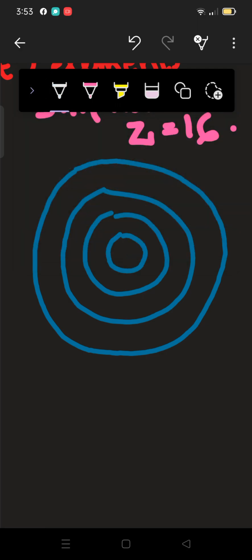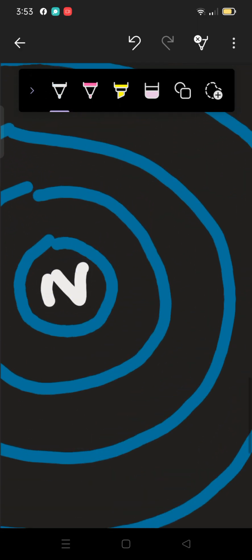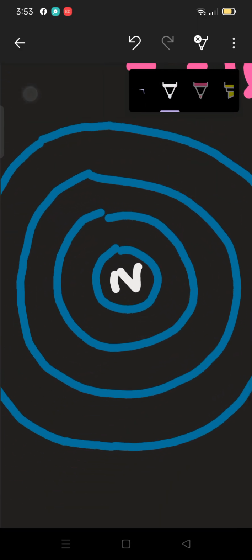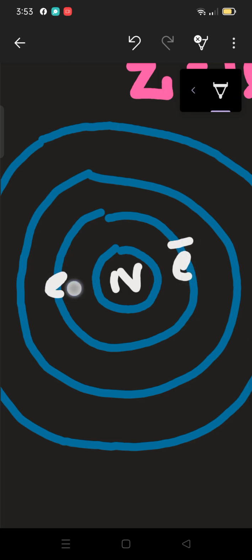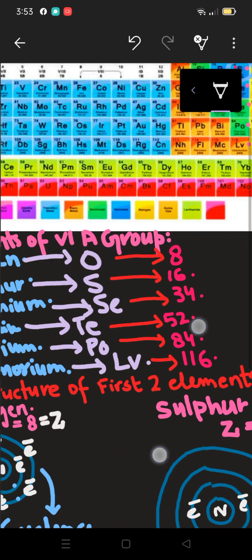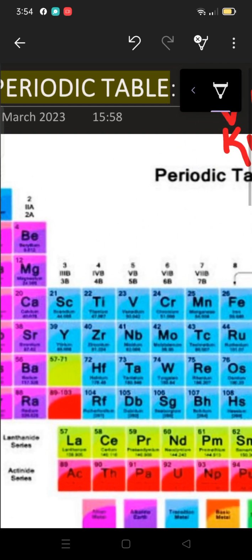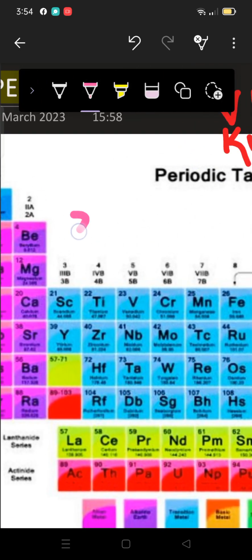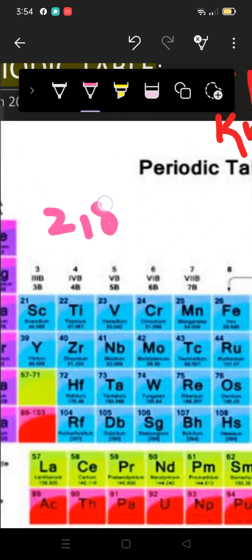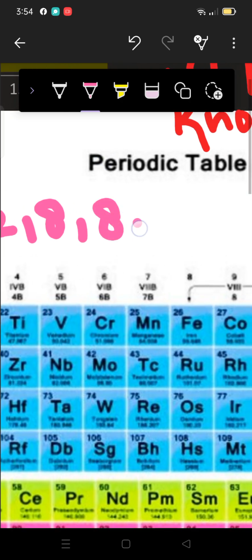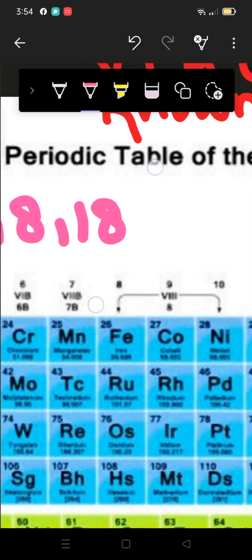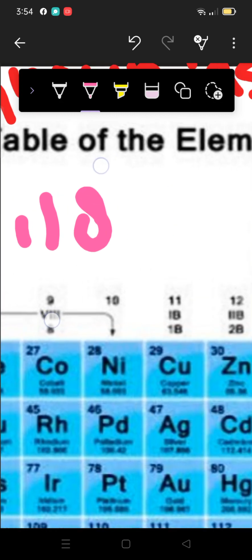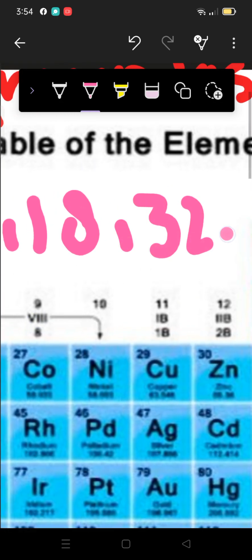Alright, so this is the nucleus. Two will be in the first shell, so I'm making two. We have the electronic configuration, which is 2, 8, then 8, then 18, then 18, then 32.